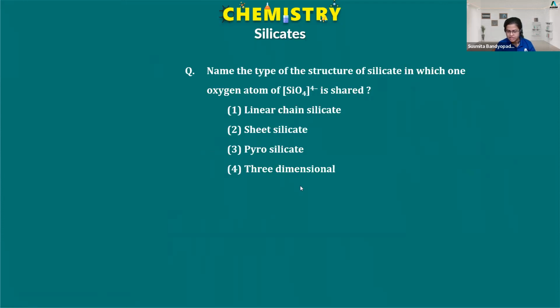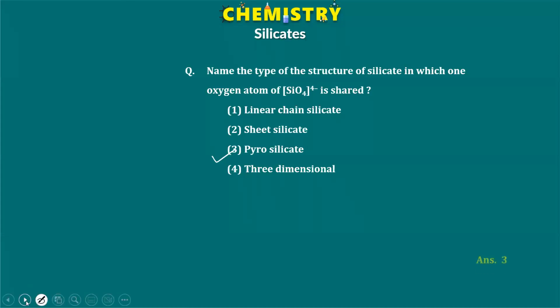Name the type of structure of silicate in which one oxygen atom is shared. Which one? Others? You can say it aloud. Orthosilicate? No. In orthosilicate, no oxygen is shared. Is it clear? It's confusing, maybe. If no oxygen atom is shared, it is orthosilicate. If one oxygen atom is shared, pyrosilicate.